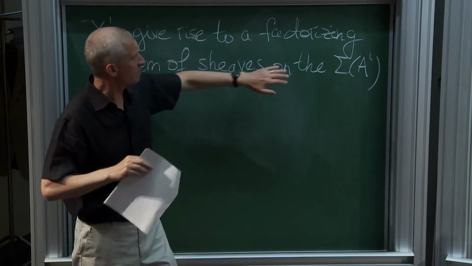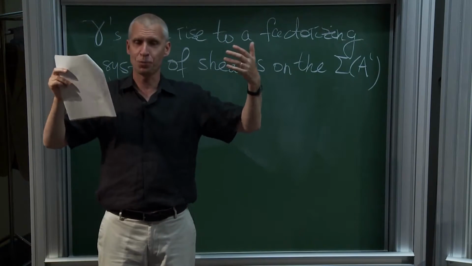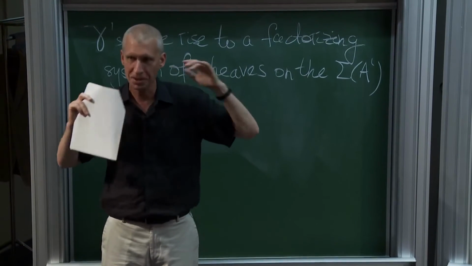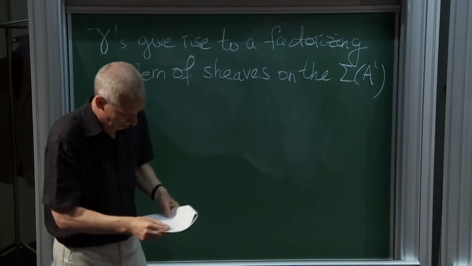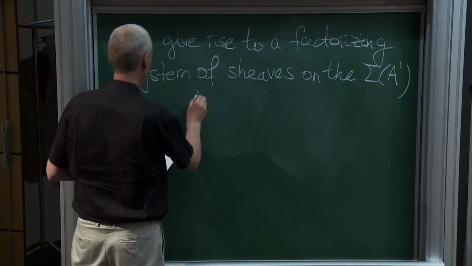Which means that if I have a face of this secondary polytope, it's a product, and the restriction of the corresponding sheaf to this face would be the external tensor product of those sheaves.